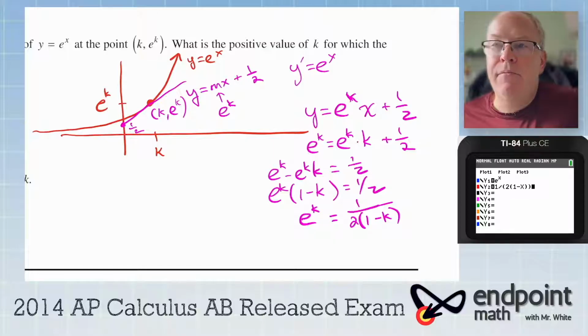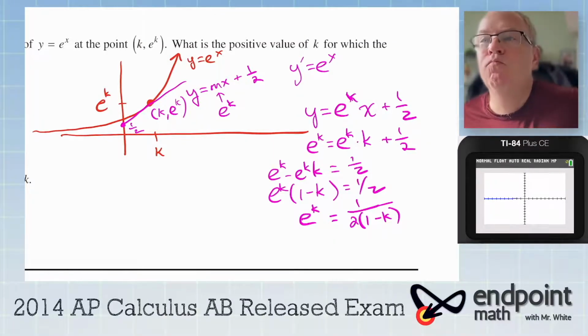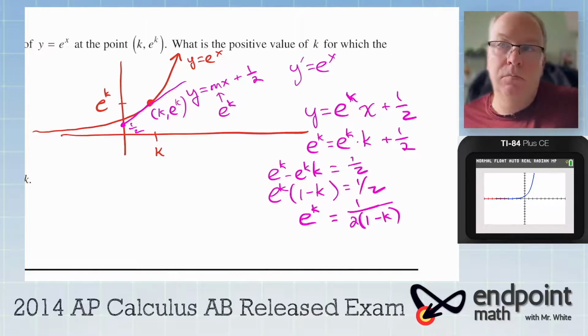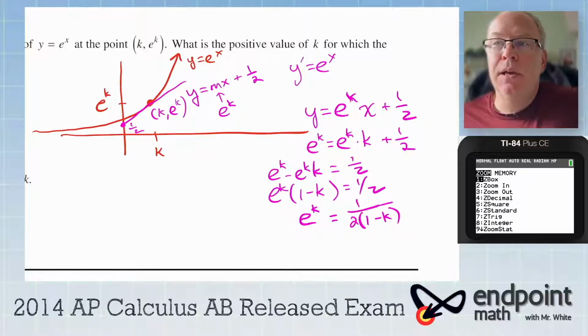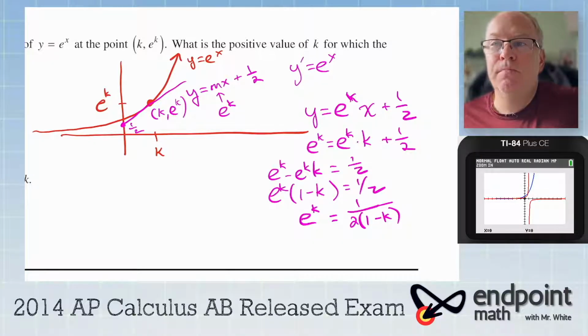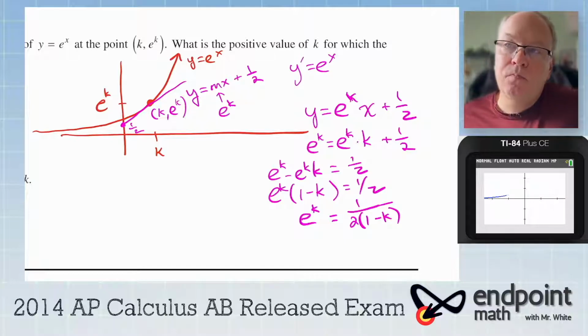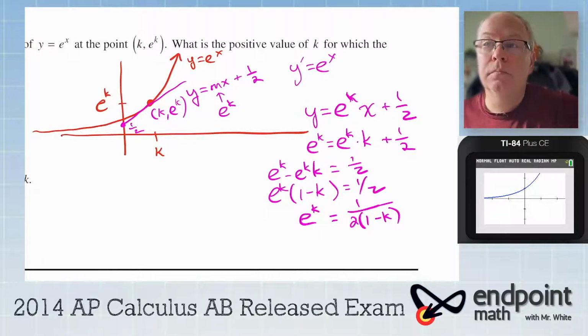All right, and then graph it. Let's see what we've got. All right, so there's my e to the x. Here comes my other one, and you can see there it does hit it. So let me just zoom in here a pinch. I'll hit enter. Let's redraw it.